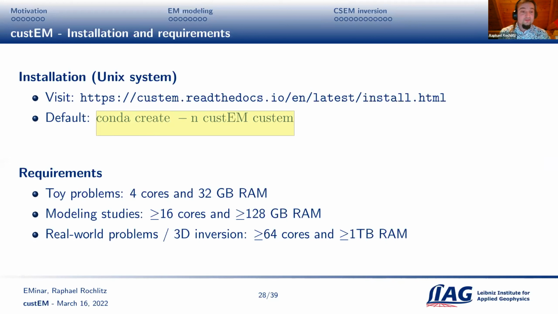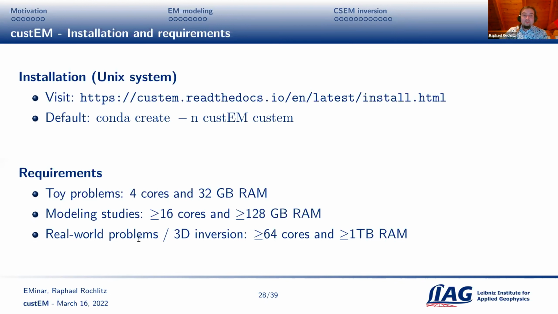You would probably also like to know what computational resources are required for different problems. Simpler toy problems, like the first example with a horizontal electric dipole, and some tests, can easily be run on a desktop machine with 4 cores and 32 GB RAM, which is kind of standard. For serious modeling studies, you need a smaller workstation with at least 16 cores and 128 GB RAM.